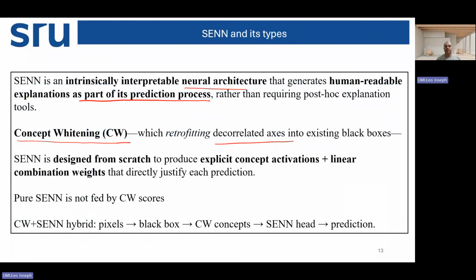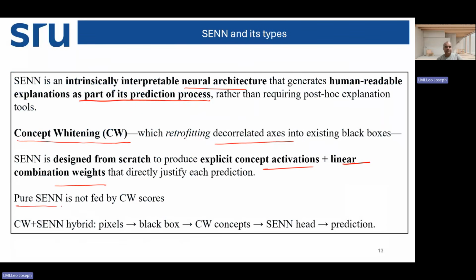This is what concept whitening is doing. First, the concepts are split into individual concepts. Entire scenario is split into individual concepts like fever, cough, and in the same manner it is split into individual concepts, and then we are fitting those concepts according to the axes we are having. So SENN is designed to produce concept activation plus linear combination of weights.